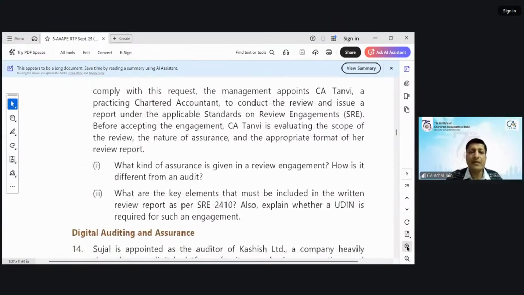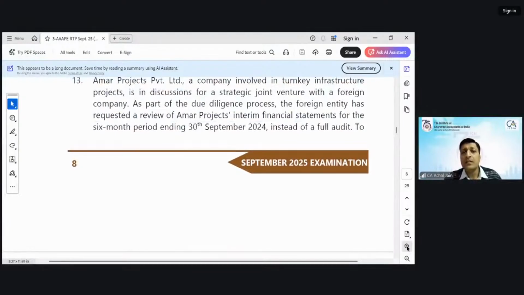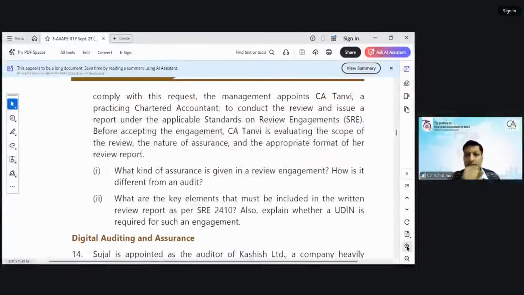To comply with this request, management appoints CA Tanvi to conduct the review and issue the report under SRE. Before accepting the engagement, CA Tanvi is evaluating the scope of the review, the nature of the assurance, and the appropriate format of a review report. Now, a couple of questions you are required to answer in this context. It's a review of 6 months financial information, right?